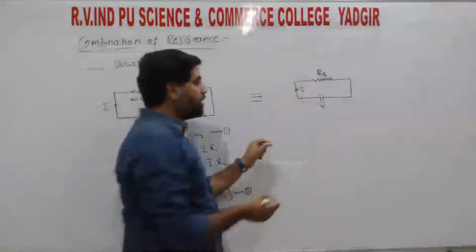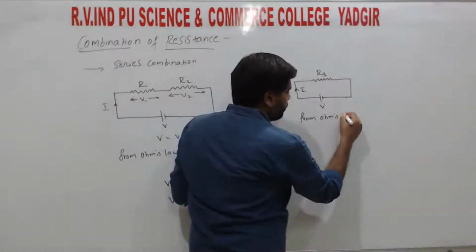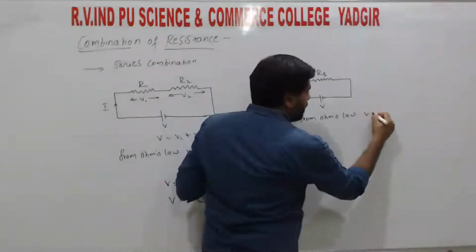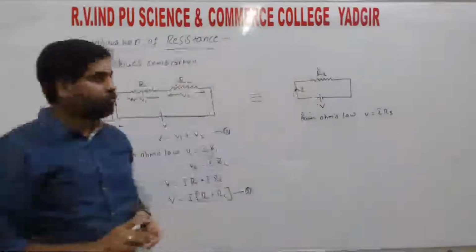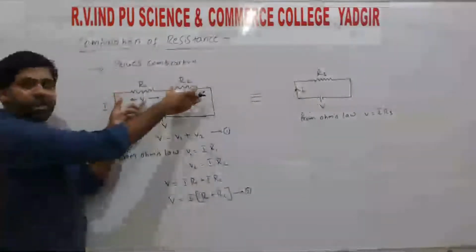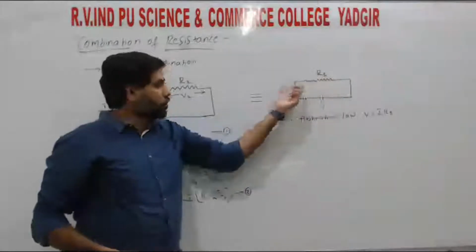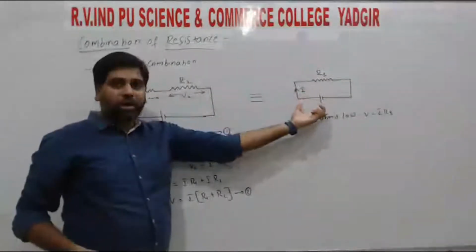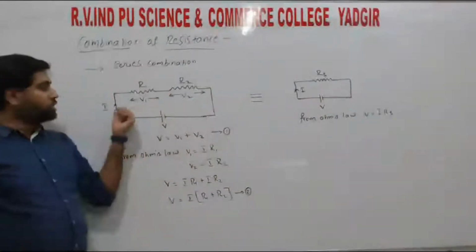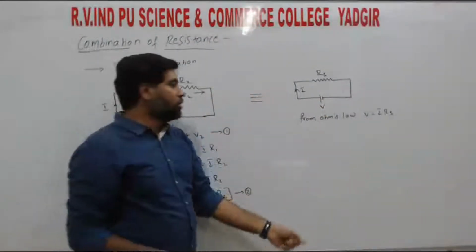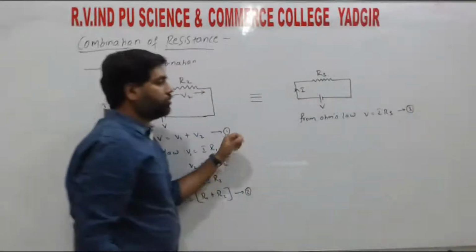So again from Ohm's law, we write V is equal to I RS. These two resistances make the same equivalent resistance, so we considered this circuit equal to that one. The same potential is applied and the same current is flowing in both circuits. Calling this equation 3.